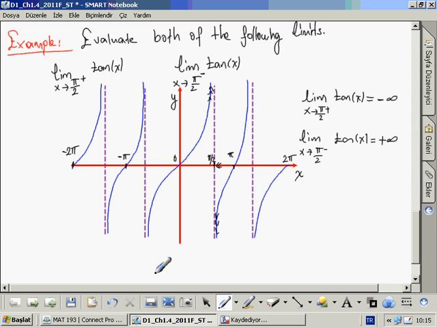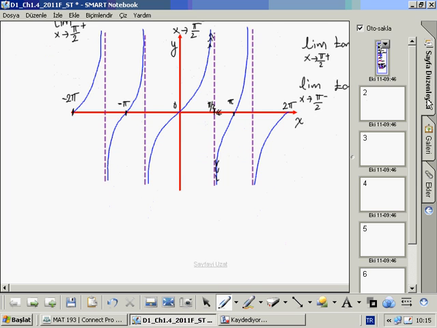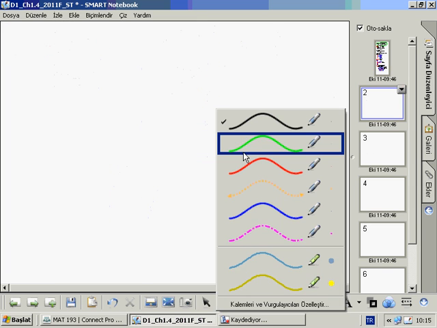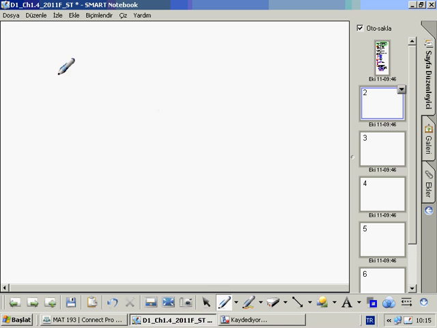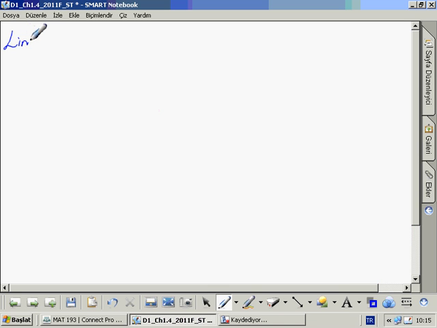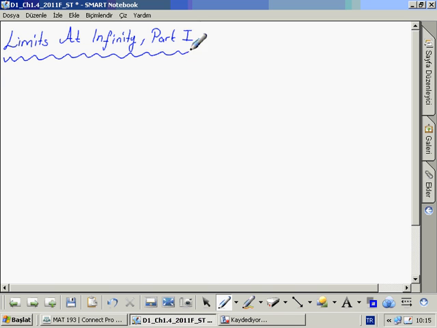Let me continue with the limits at infinity. Part 1.